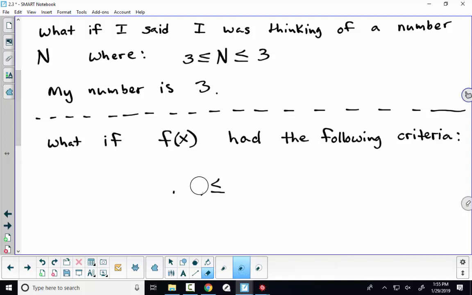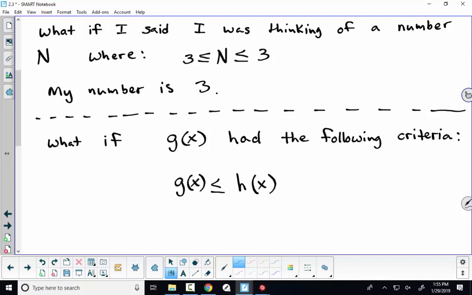Sorry, we could continue this way, but I do want to try to be consistent with how your textbook has this written, so I apologize. Let's call our function g of x. And g of x has the following criteria. g of x is less than or equal to h of x. g of x is larger than or equal to f of x. And this criteria holds for all values of x.